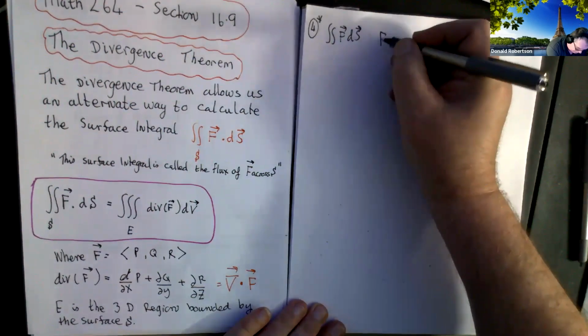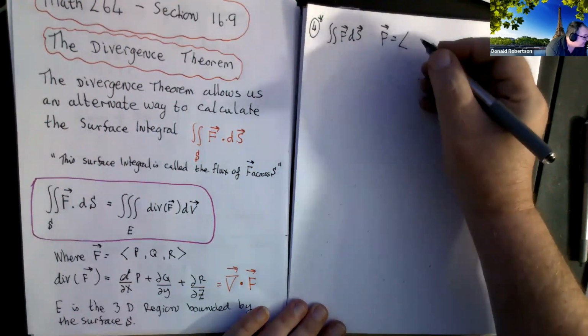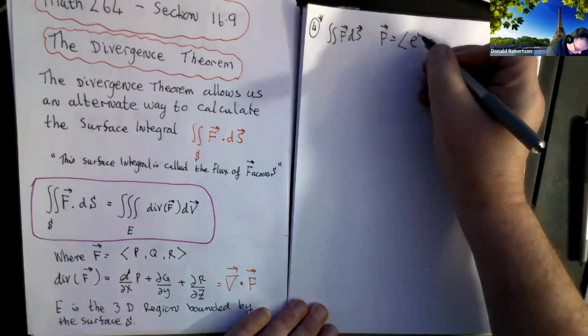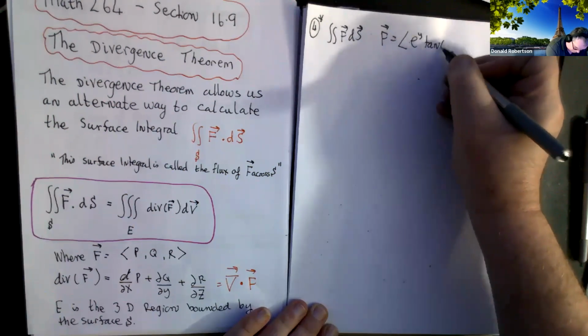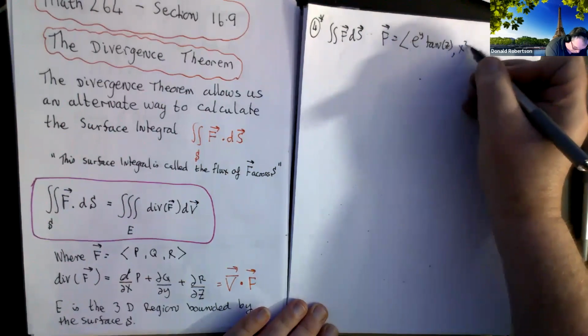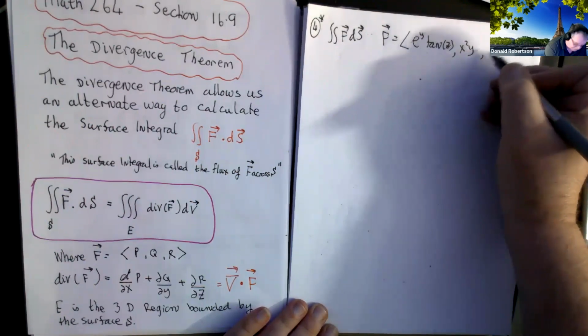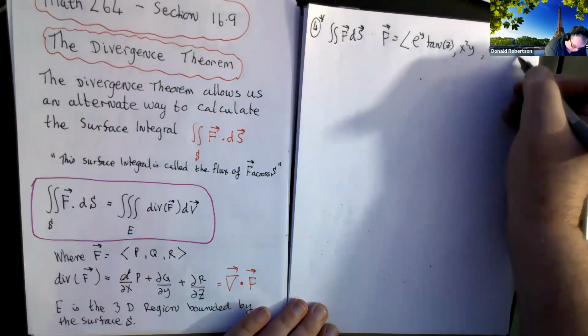And the vector field that the surface is basically living inside is e to the y tan z, comma, x squared y, comma, e to the x cosine y.